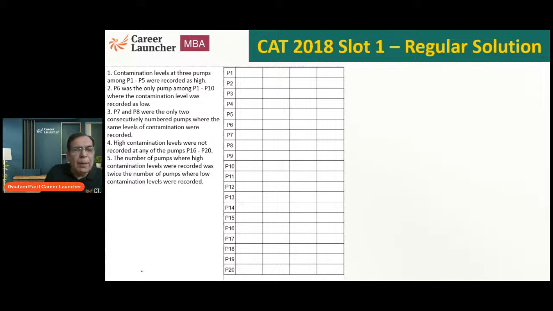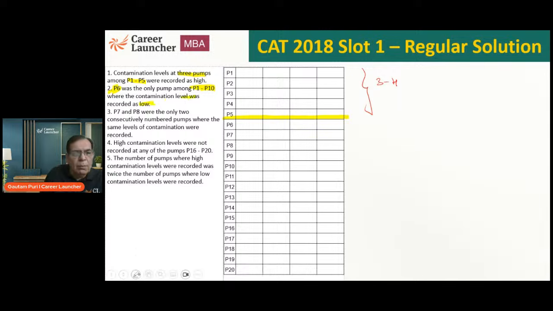Contamination levels at 3 pumps among P1 to P5 was recorded as high. So P1 to P5, these are the ones: 1, 2, 3, 4, 5. It says there are 3 high. P6 is the only pump among P1 to P10 where the contamination level was recorded as low.